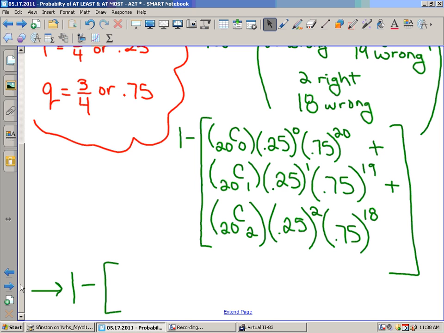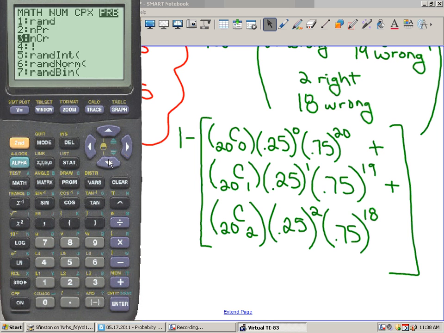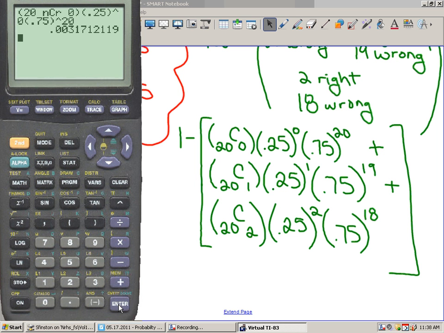Okay, all right. Okay, so now I'm going to just enter them in one by one. You know what I mean? And I'm going to find them individually. So that's going to be 20 math probability nCr 0, 0.25 raised to the 0, 0.75 raised to the 20th, right? Whoops. Going to delete that one off the end. Okay, and now this is the way that Cam showed me how to do it, right?